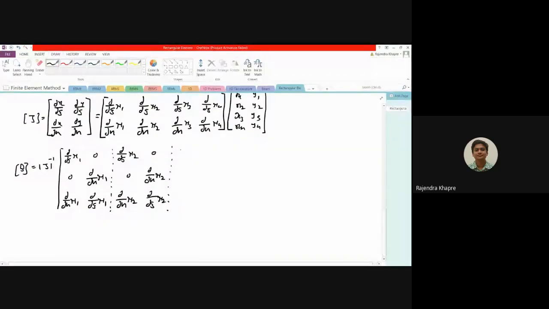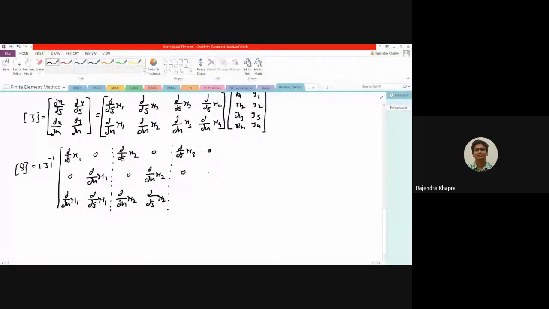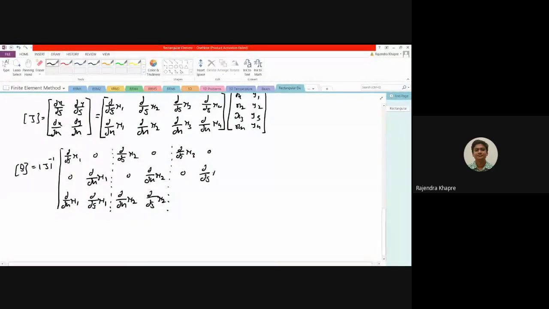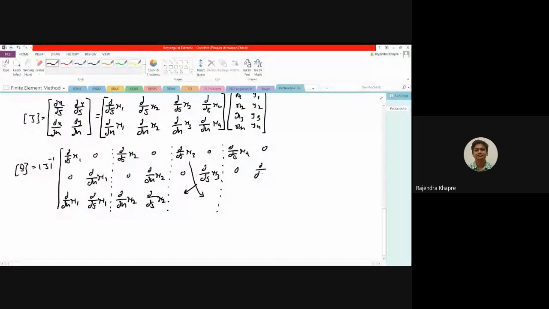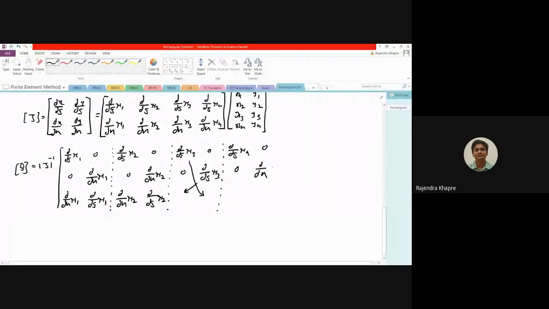Then similarly we can have d by d xi of N3, 0, this will be 0, d by d xi of N3. So this value will come over here, and this value will come over here. And lastly d by d xi of N4, 0, 0, this will be d by d eta of N4.